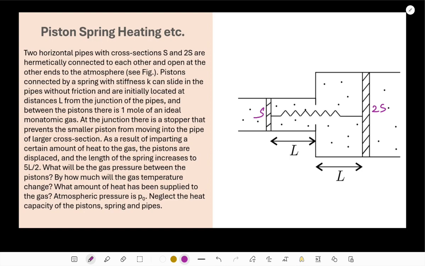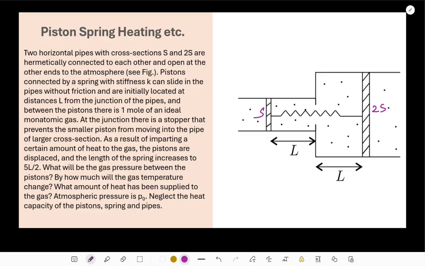What will be the gas pressure between the pistons at this moment? Initially it was atmospheric pressure, if it is not stretched and they were not moving. By how much will the gas temperature change?